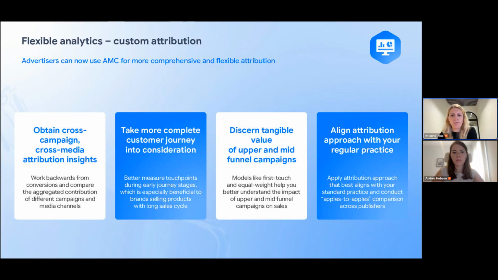By seeing the full path to conversion, we can finally quantify the real contribution of early-stage media, which is essential for optimizing the full funnel and not just the bottom of the funnel. And by aligning the AMC model with our own reporting practices, which could be different from the DSP, we also ensure consistency and make the data comparable across all the platform results.